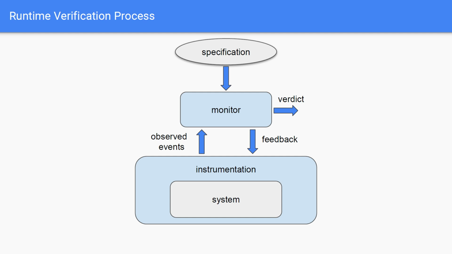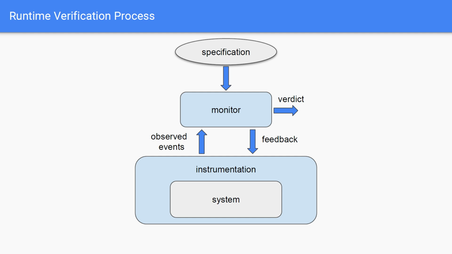Then the monitor and the whole process can be either online or offline. Runtime verification is online when we are checking the behavior of the system at runtime, really at runtime.